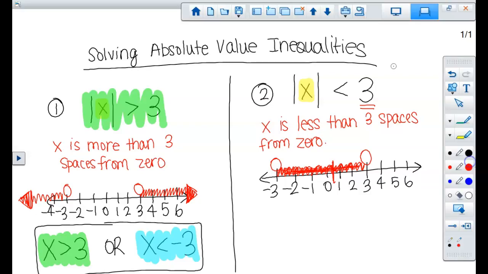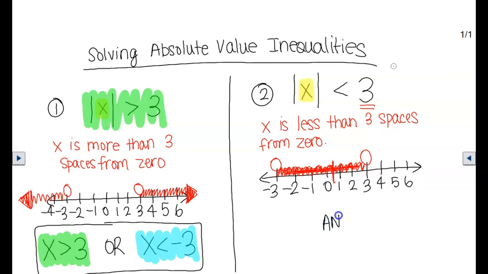Now again, I hope when you look at this that you're connecting it to those compound inequalities that we did last week. This would be an and. This would be an and because notice it is a car bumper. So I want you to think about all these numbers in this shaded part of the number line.